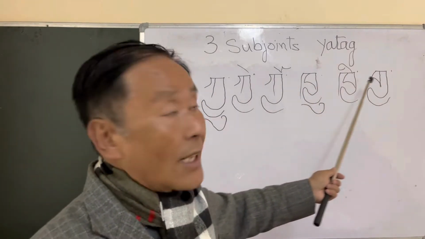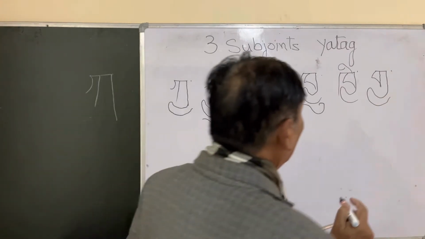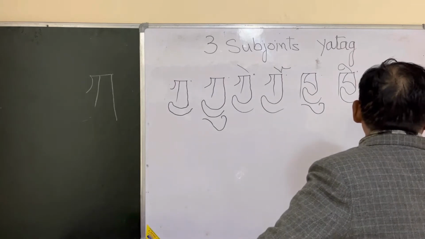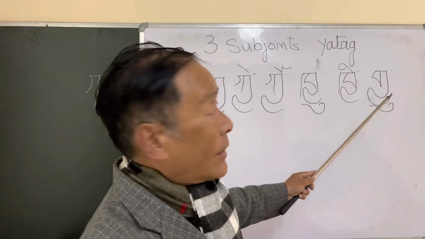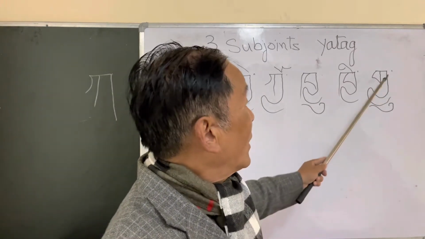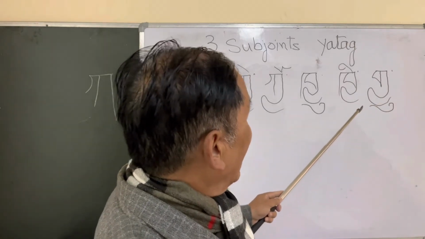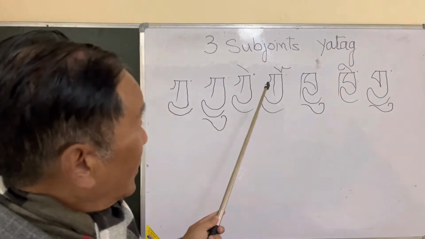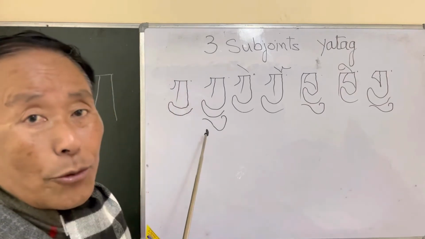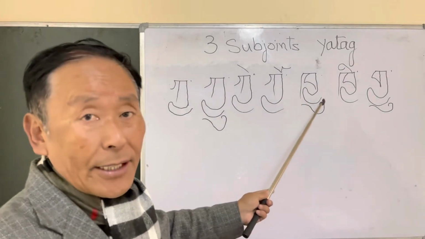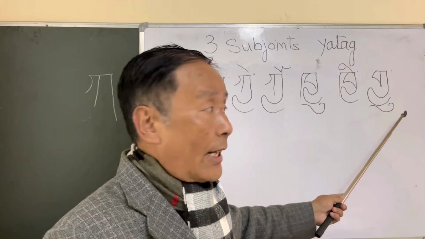So, ga yata gya, gya shabchu gyu. So far it's pretty logical. If kayata is to be read as kya, then kayata should be read as kya, and gayata should be gya.